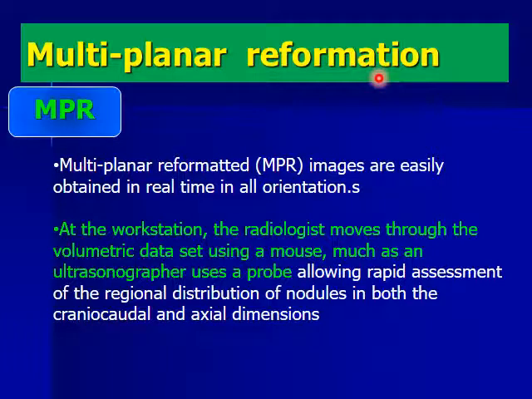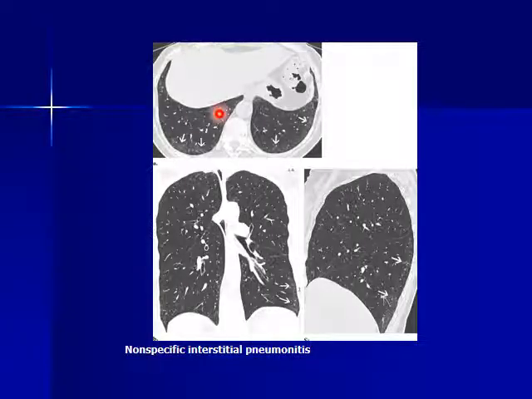Multiplanar reformation. Multiplanar reformatted images are easily obtained in real time in all orientations. They even describe it as if you are doing sonar using the probe. You can go anterior, posterior, right, and lateral, and so on. You can change it to sagittal, axial, and coronal. This is the idea. From axial images, we can reconstruct sagittal and coronal images with the same image quality.